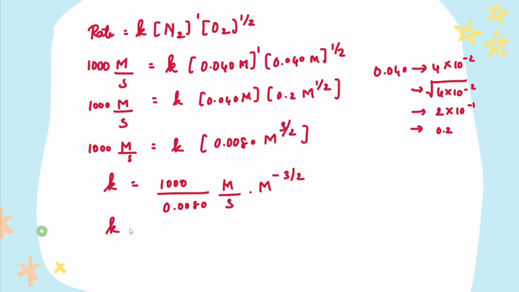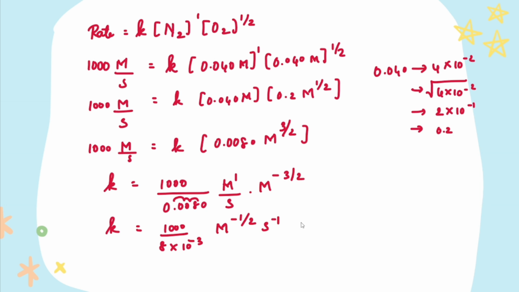Okay. So the value we will get, these will be cancelled, right? That is 1000 by 8 into 10 to the power of minus 3. And when we solve the unit, this is 1, right? So 1 minus 3 by 2 will be minus 1 by 2. And the second will be S inverse.